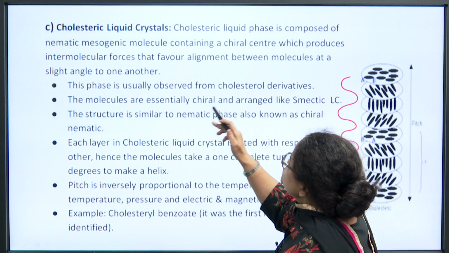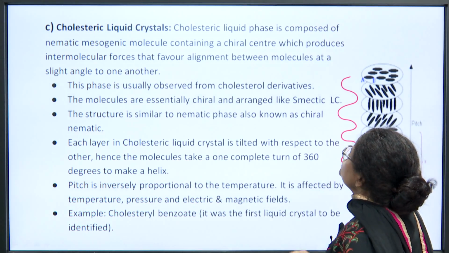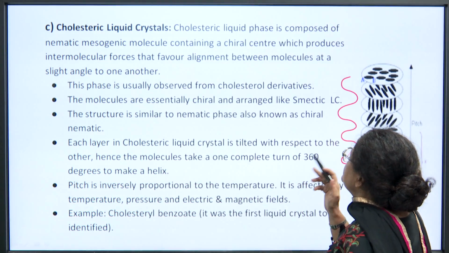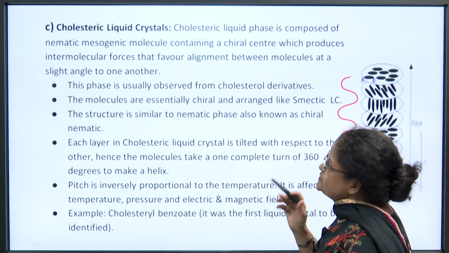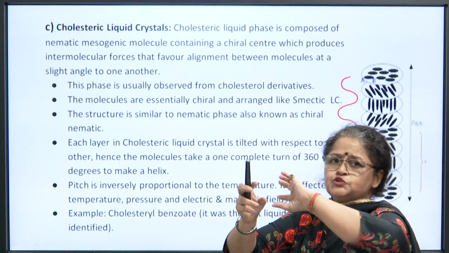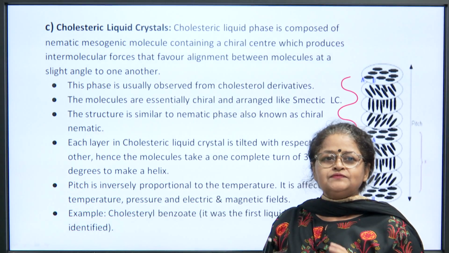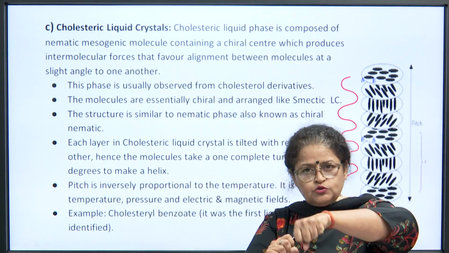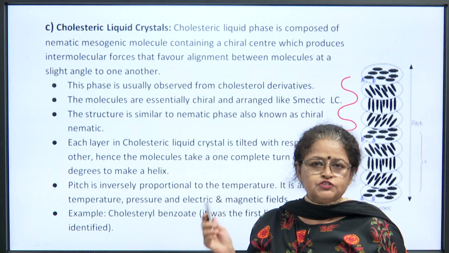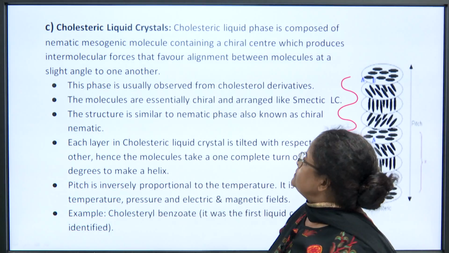This phase is usually observed from the cholesterol derivatives, and the molecules are essentially chiral and are arranged in a smectic liquid crystal like manner, in layers one below the other, but those layers are like a twisted rope. If you have seen a rope, now you twist a rope nicely, that will be the shape of a cholesteric liquid crystal, okay.